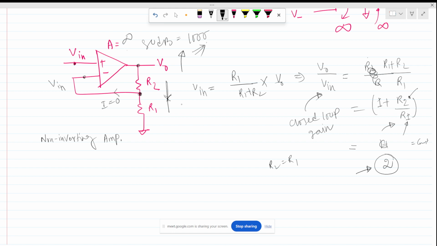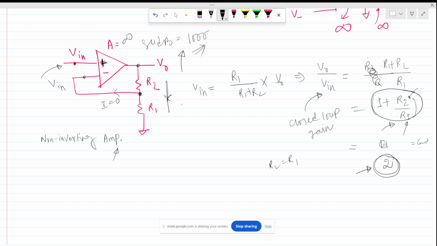As the input is given to the non-inverting terminal of this op-amp, the gain of a non-inverting amplifier is nothing but this quantity, 1 plus R2 by R1.